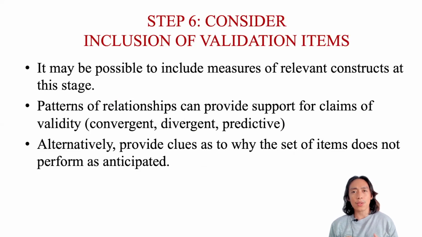Aside from that, you can also include other scales that are relevant to the construct that you are measuring. Including other scales can help you establish convergent, divergent, or predictive validity. For example, if you're measuring academic self-efficacy, perhaps you can also administer another scale that measures a similar type of construct, maybe school self-efficacy.